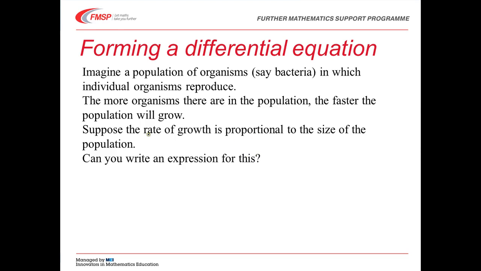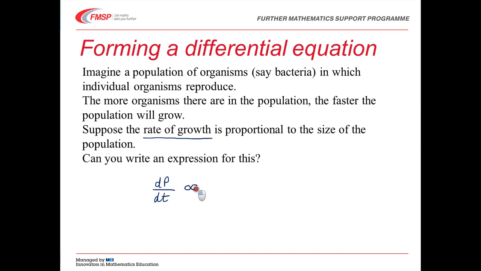Okay, let's see what it's supposed to look like. We're talking about the rate of growth of our population, so that will be dP by dt. Rate of growth, the variation of the population P with respect to time.